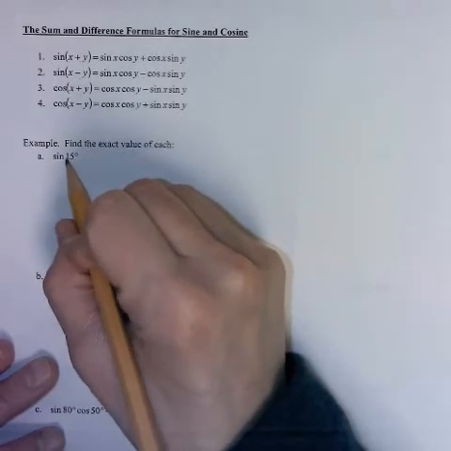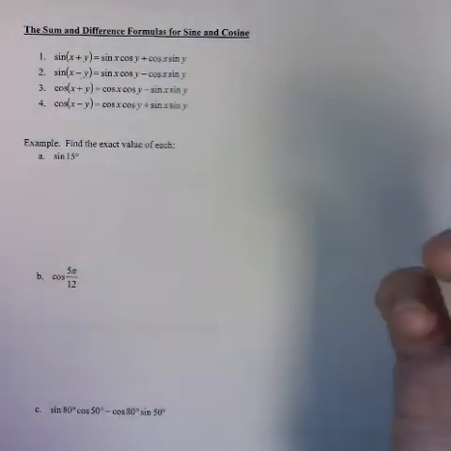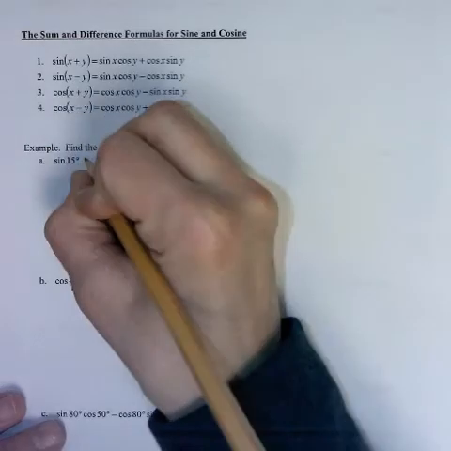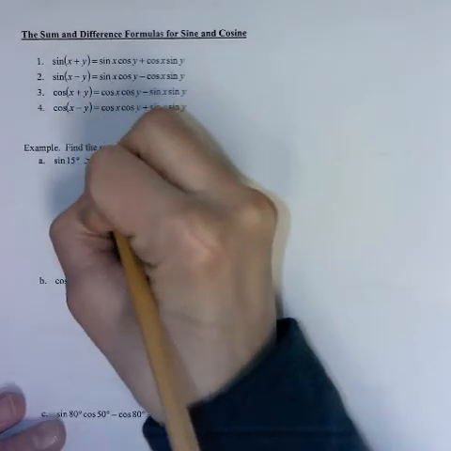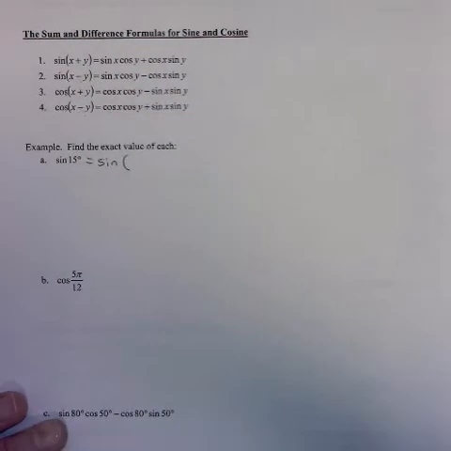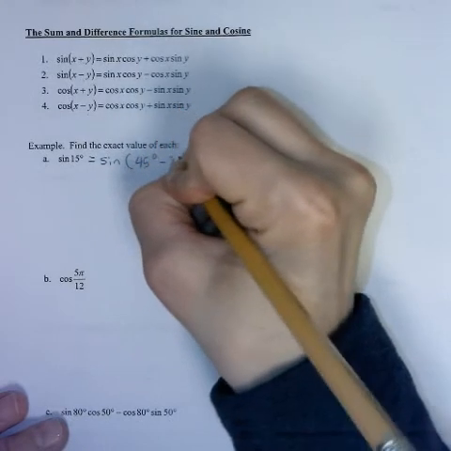So for our special angles, do we have 2 that have a difference of 15 degrees? And there's more than one way to do this. There's not just one correct answer. But I think the most obvious choice is to use 45 degrees and 30 degrees. But again, other combinations would work.